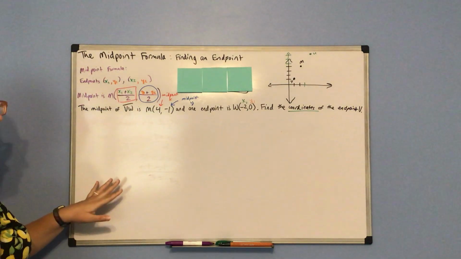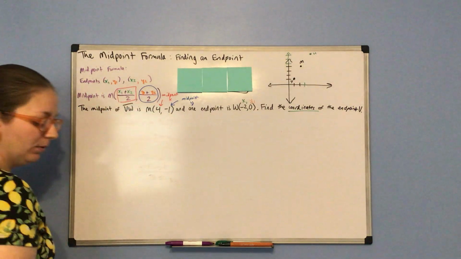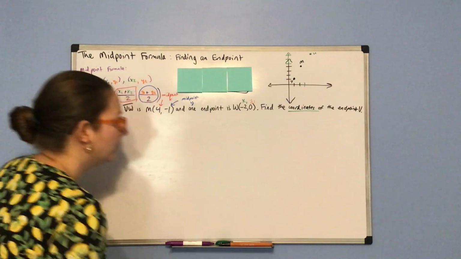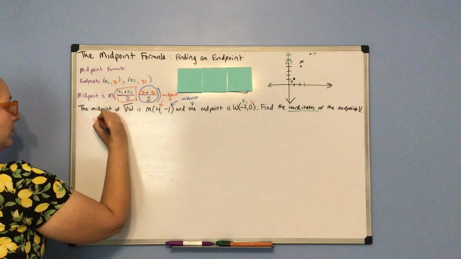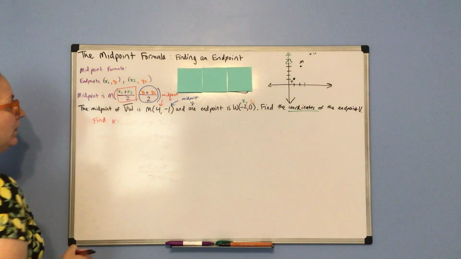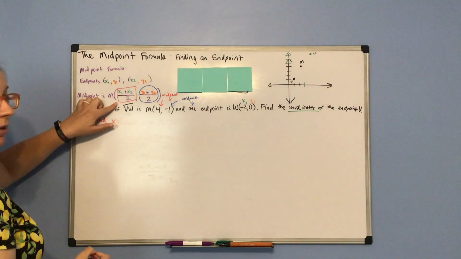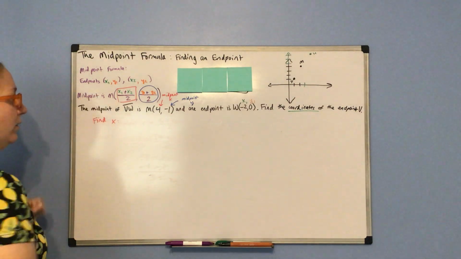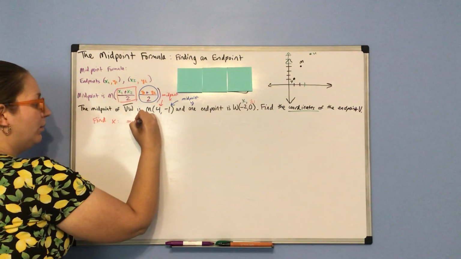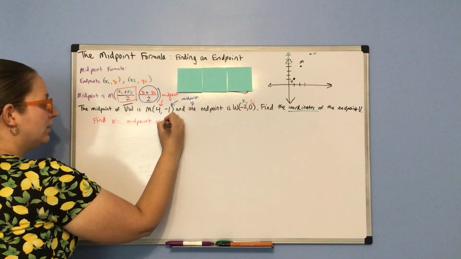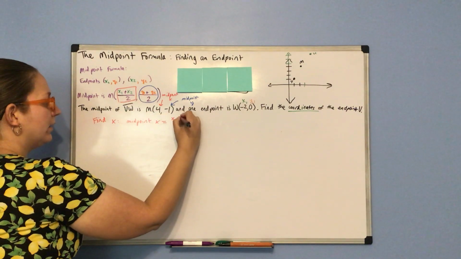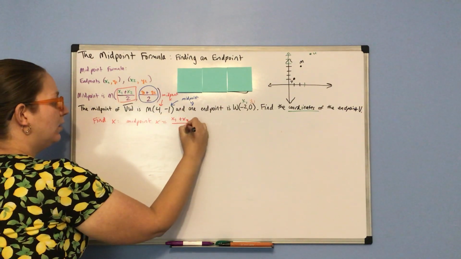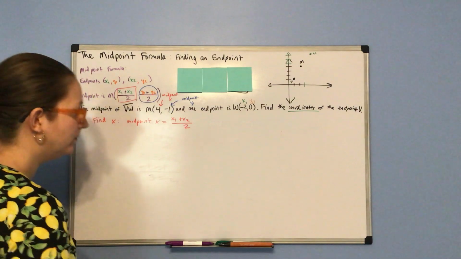So from here, we're trying to find the coordinates of our other endpoint. Since we are finding our other endpoint, we have to work backwards from our midpoint like we did before. Let's start by finding x. So when we are dealing with the x coordinate of a midpoint and an endpoint, we use the x part of the midpoint formula. We know that the midpoint x is going to equal x1 plus x2, all divided by 2.